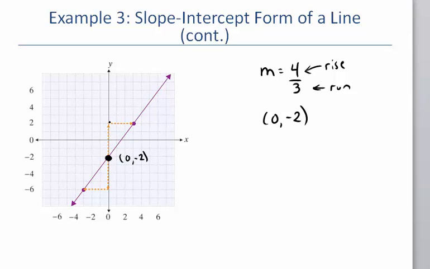And if the run is positive, as it is in our case with the 3, I'm going to move in a positive direction, which is to the right. 1, 2, 3, and that's going to produce a second point. And once I have 2 points, then I'm going to connect those 2 points with a straight line.